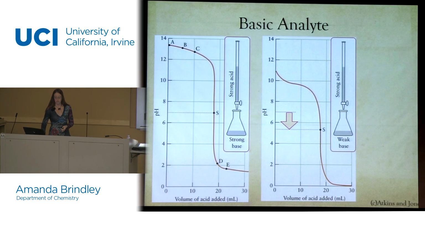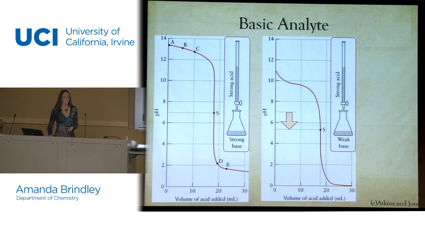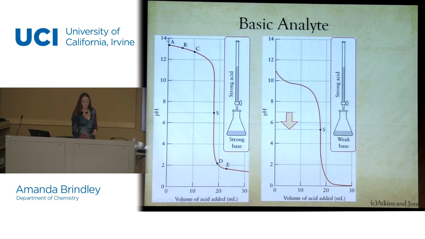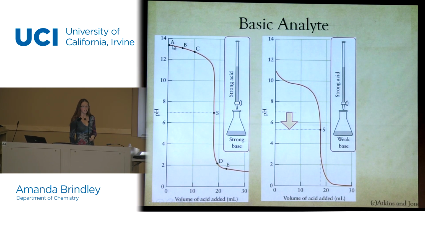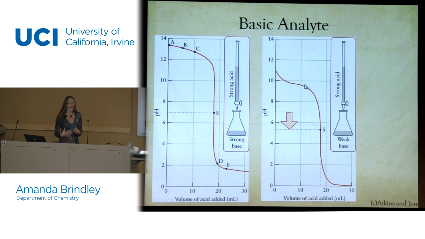Same thing is true of the basic one. You have these two different situations where you can either just start adding in your acid, it goes down, down, down, down, shoots all the way down, and then kind of keeps going. Or you get this little leveling off. When you get this little leveling off, that's what we call your buffering region.